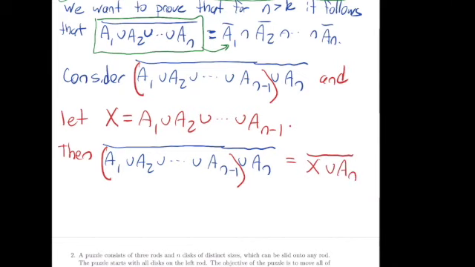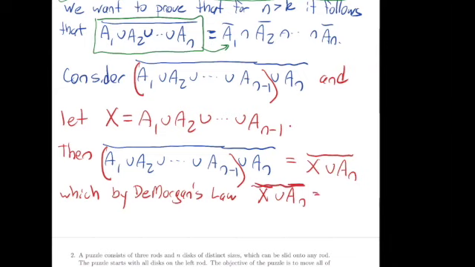So we can write this as this set X union A_n complement, which we know from the base case of De Morgan's law is equal to this intersect that.